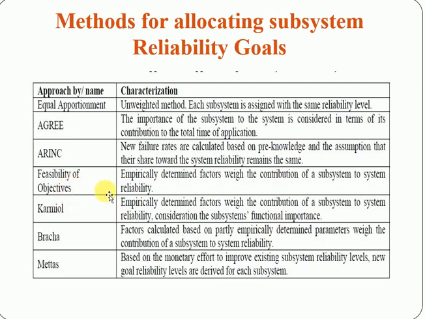Feasibility of objective: empirically determined factors weigh the contribution of a subsystem to the system reliability, considering the subsystem's functional importance. RAKA: factors calculated based on partially empirically determined parameters weigh the contribution of a subsystem to the system reliability. METAS: based on the monetary effort to improve existing subsystem reliability levels, new goal reliability levels are derived for each subsystem.